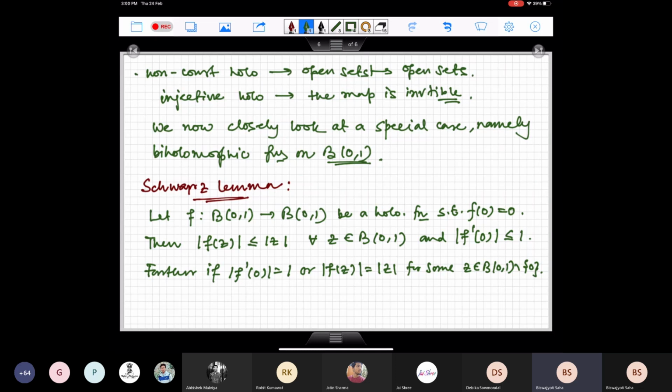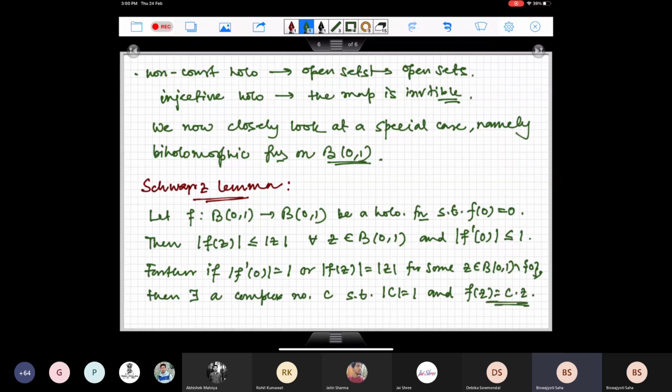Okay, so at least at some point, if I have equality of the absolute value, then what we will get is that there exists a constant, a complex number c, such that mod of c is equal to 1 and f of z is equal to constant times z.